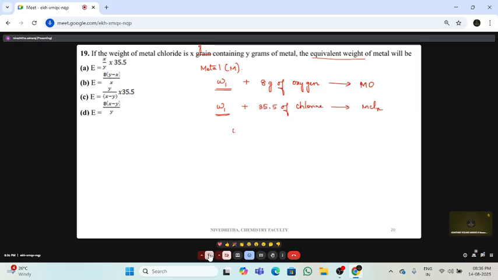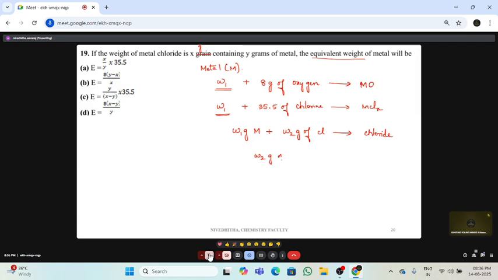So let us write the equation. For example, W1 gram of metal is reacting with W2 gram of chlorine to give some metal chloride.